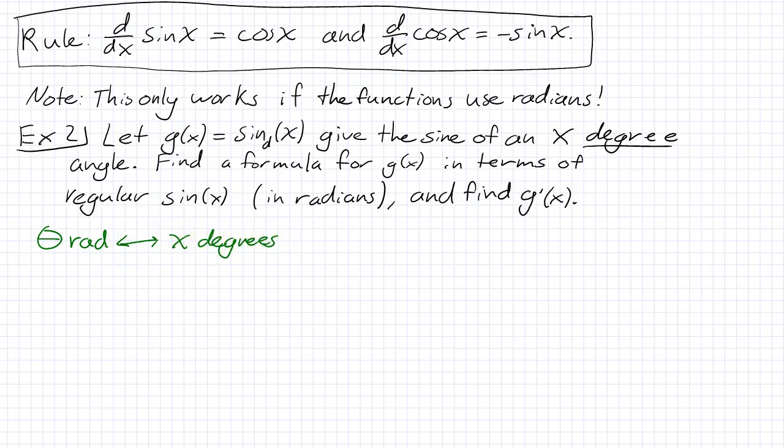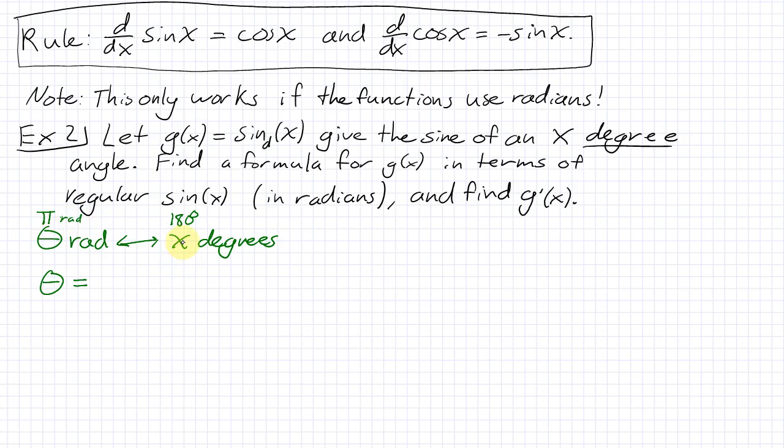So how can you get that theta in terms of x? Well, if x is 180, let's say, so this is the way I like to think about this, a specific angle for x and then a specific angle for theta that's supposed to go with that. So 180 degrees goes along with pi radians.